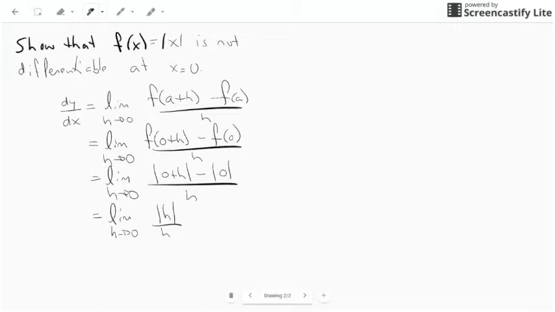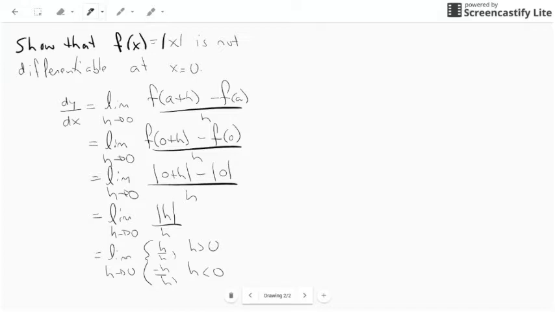Now, to determine the limit at this point, I actually have to break apart the absolute value there into a piecewise function. So this is going to be the limit as h approaches 0 of h over h, positive h over h, as long as h is greater than 0. And it'll end up being negative h over h so long as h is less than 0. Now notice that I can't actually include 0 in this.